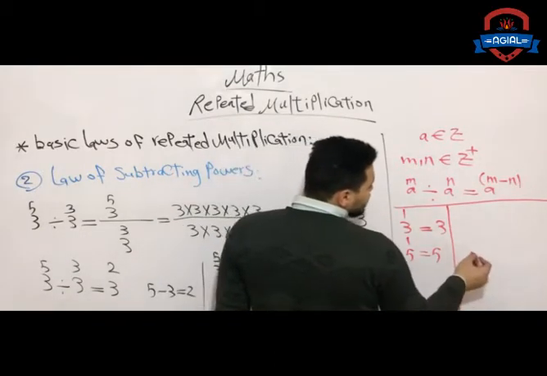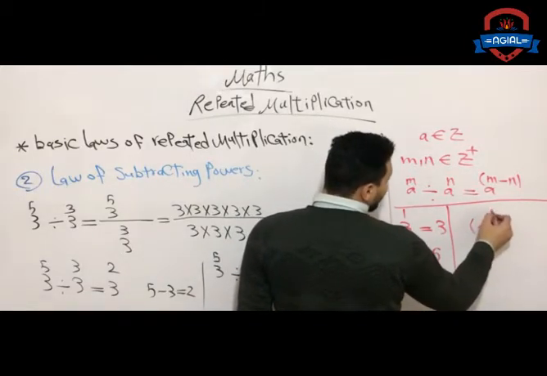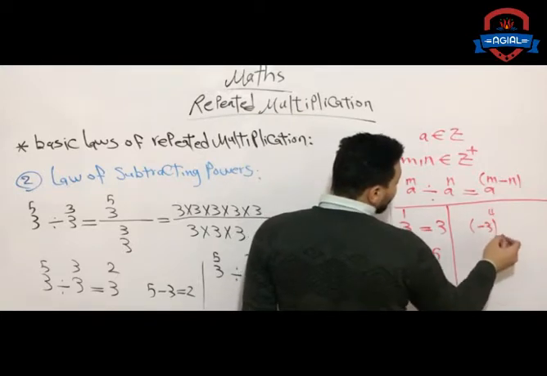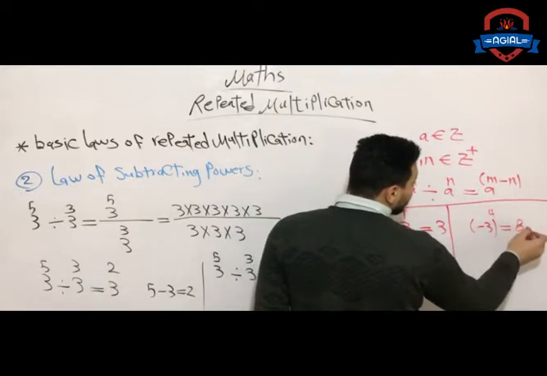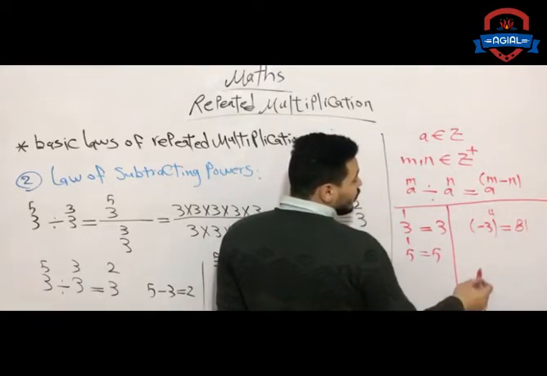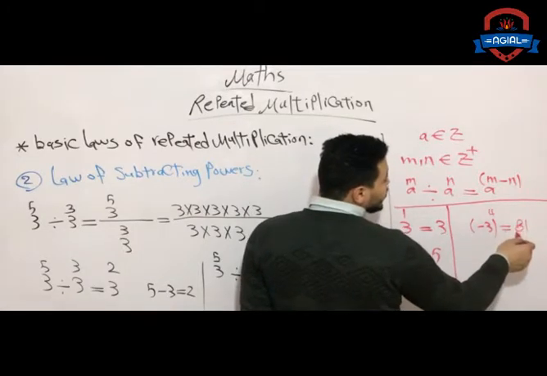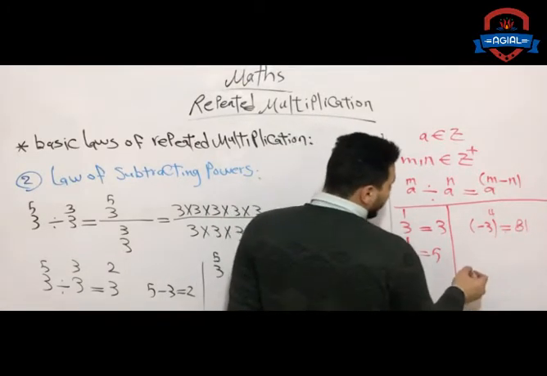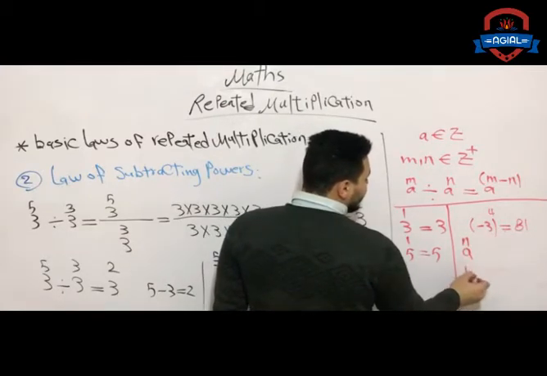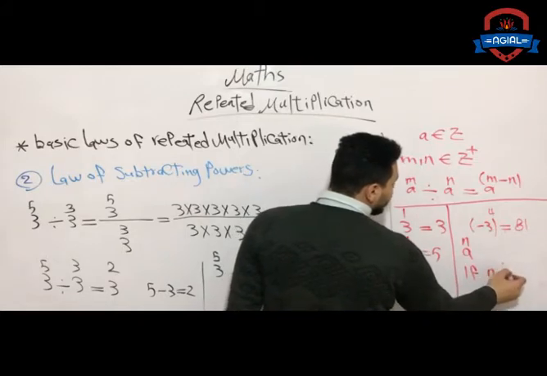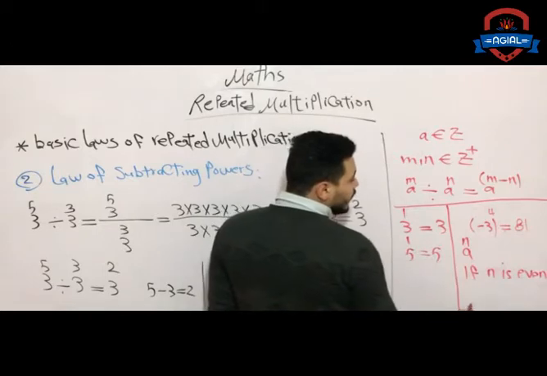And remember, from the previous examples we took negative 3 to the power of 4, and we said that negative 3 to the power of 4 equals 81. So negative 3 to the power of 4 equals a positive integer. So if we have a to the power of n, if n is an even number, the result would be positive.